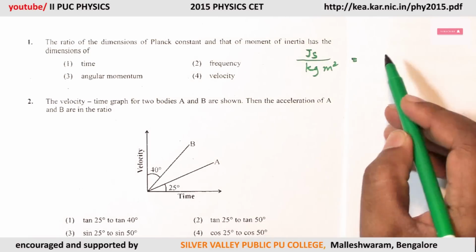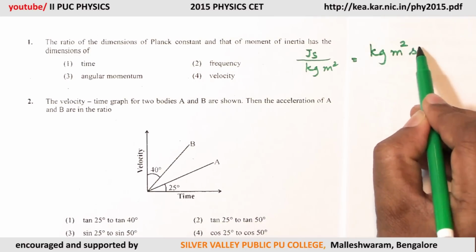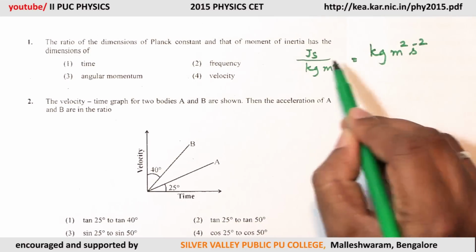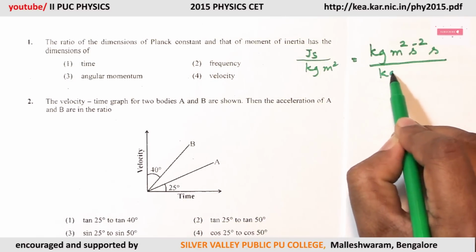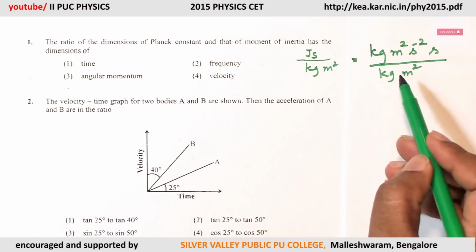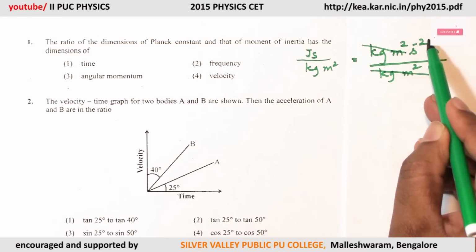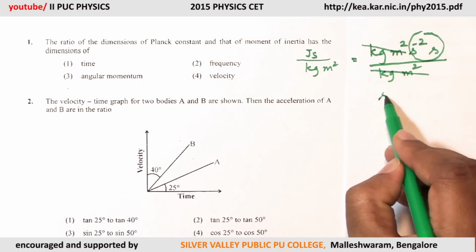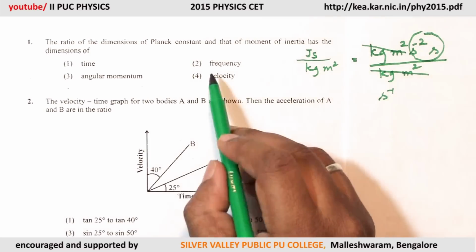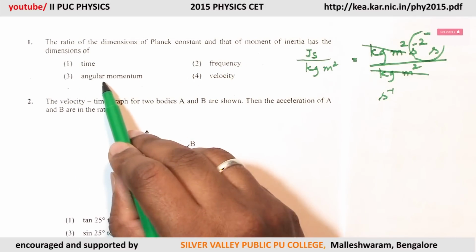Joule is kg meter square per second square. Into second, divided by kg meter square. Kg meter square gets cancelled. These two give per second. Per second is same as the frequency. Options: time, frequency, velocity, angular momentum.